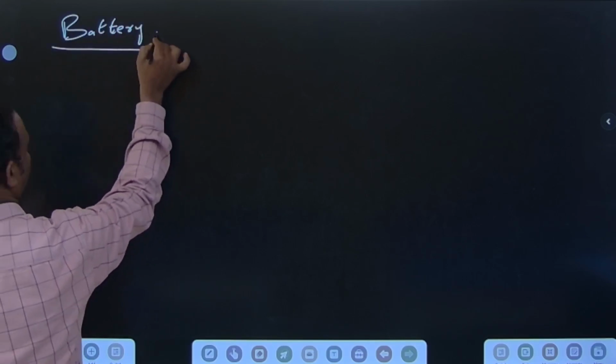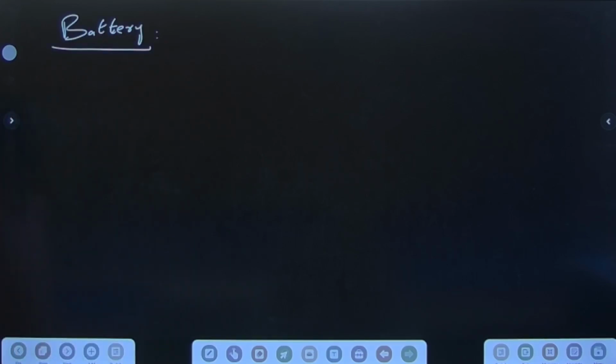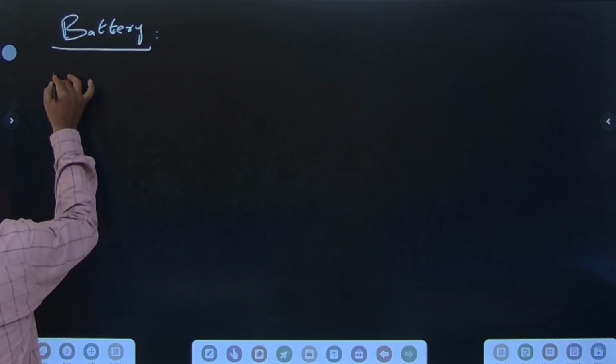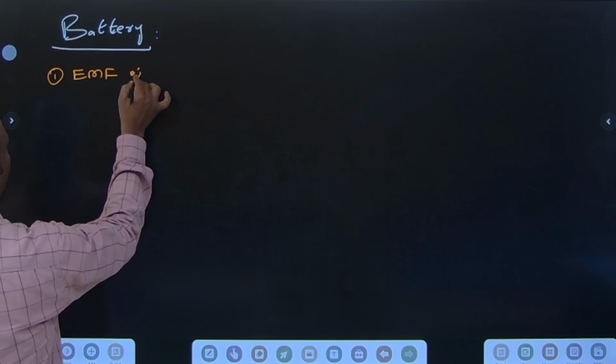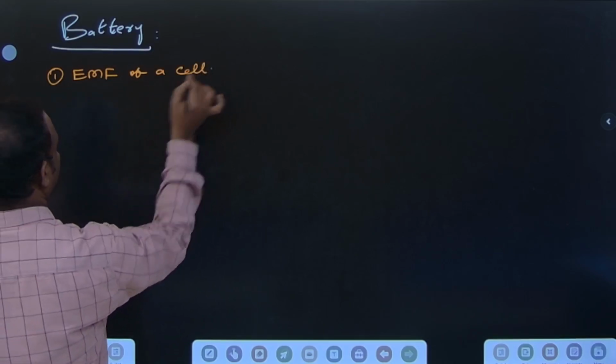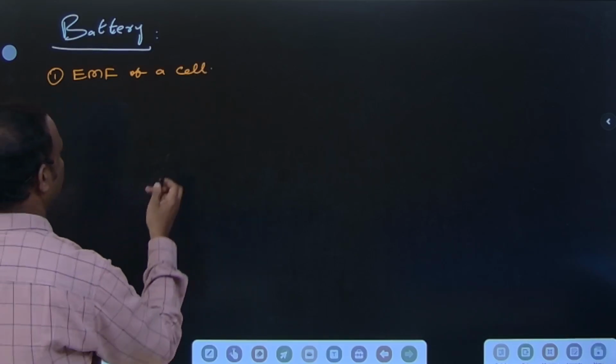What is a battery? Okay. So first we talk about this. What is the EMF? EMF of a cell. EMF of a cell is what?